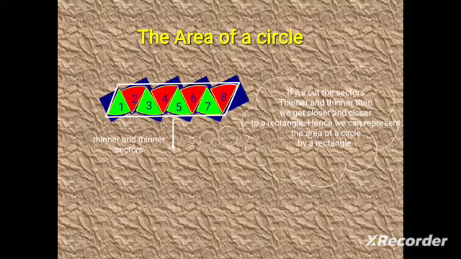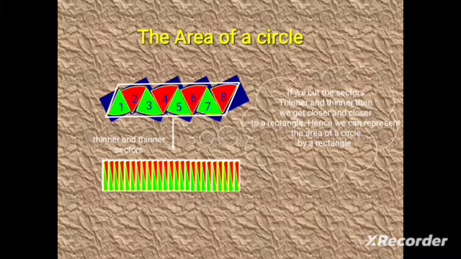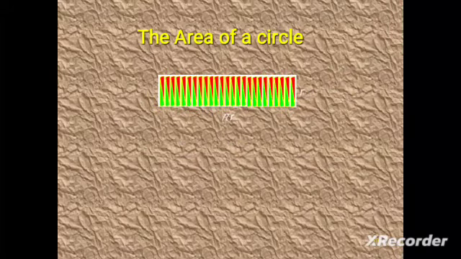So we are going to reduce these sectors thinner and thinner, and that is what we get. The width of this rectangle is r, that is the radius of the sectors. Then the length will be pi r. Now we want to find the area of this rectangle.